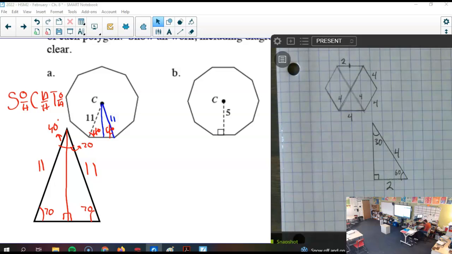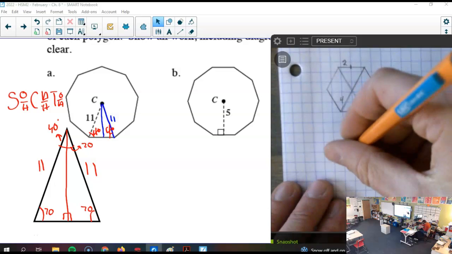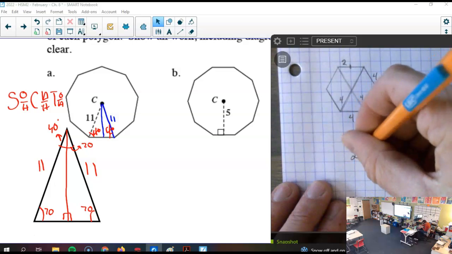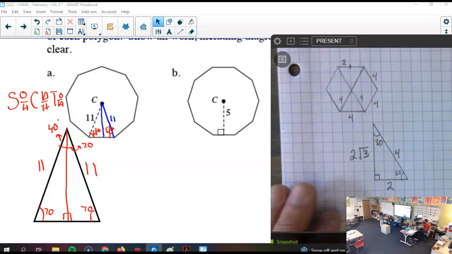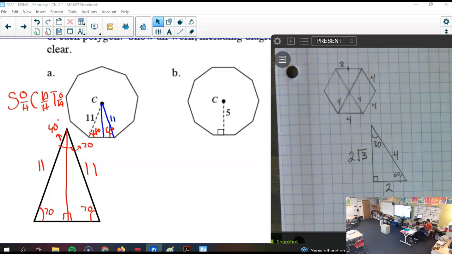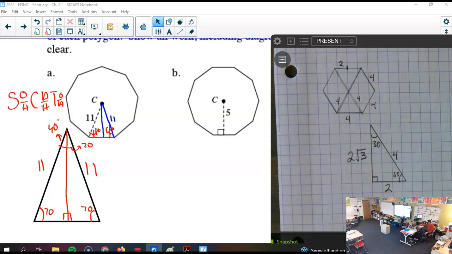So then it would be 2 square root 3, because 30-60-90 says that the other side has to be the short side times root 3. Yeah, the other way to say it is half the hypotenuse times root 3, which works out. Okay. And then you do 2 square root of 3 times 2.